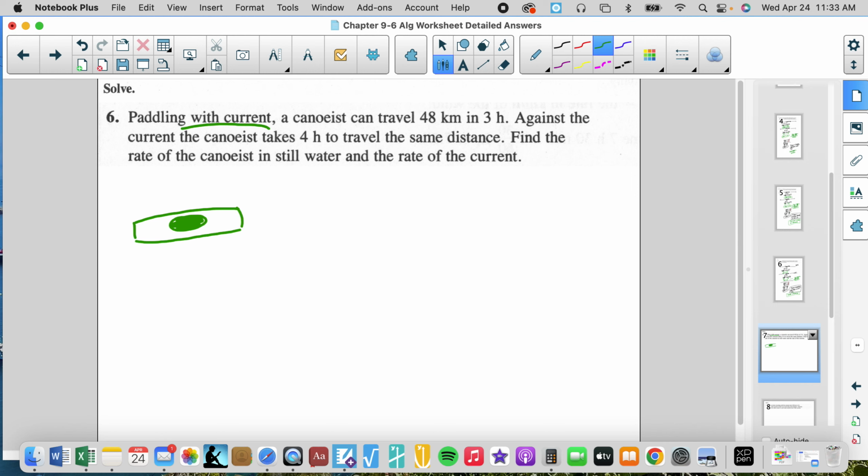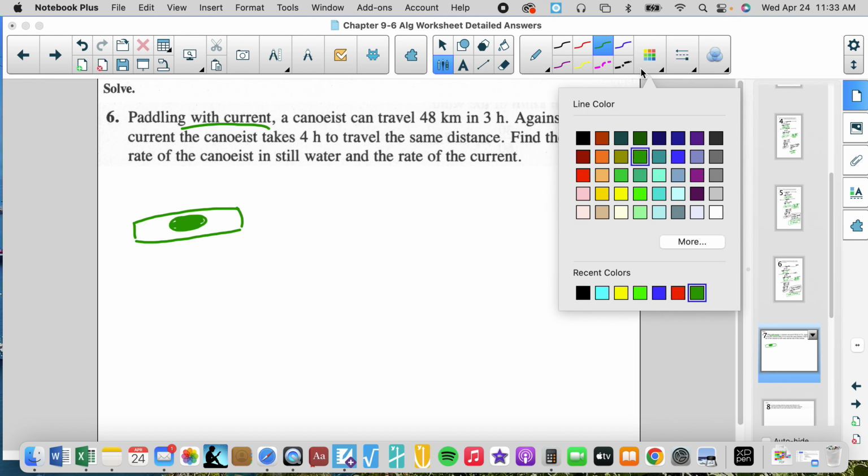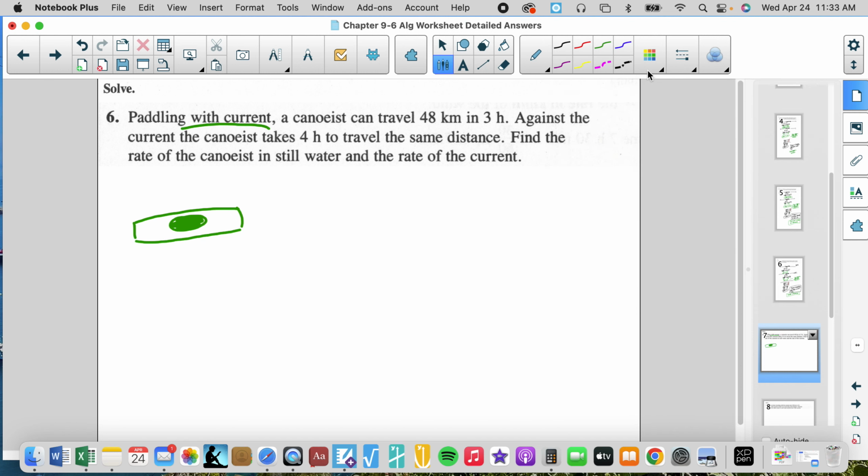You know how those new ones are sort of like that. And then let's draw paddles. So we'll say this is the paddle. There's my paddle.